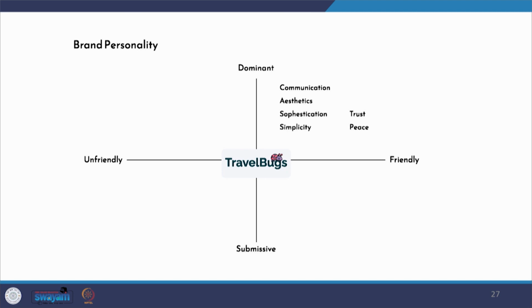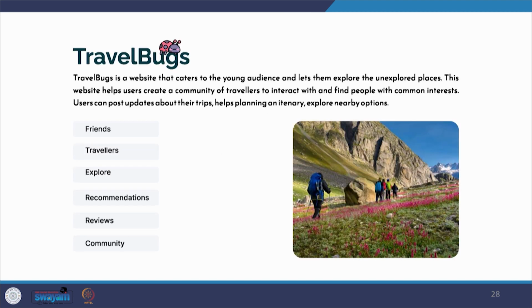So it is helping the user make a certain decision, but in a friendly and user centered manner. Now here you can see that some interesting colorful photos have been put, and all the features that will be there, like it is for friends, family, exploring, recommendations, reviews.